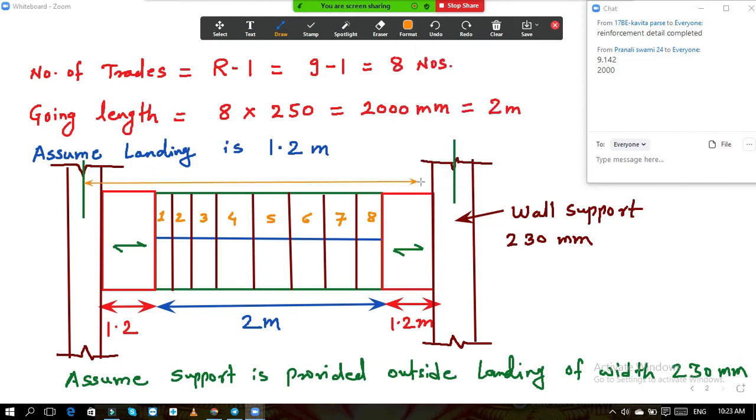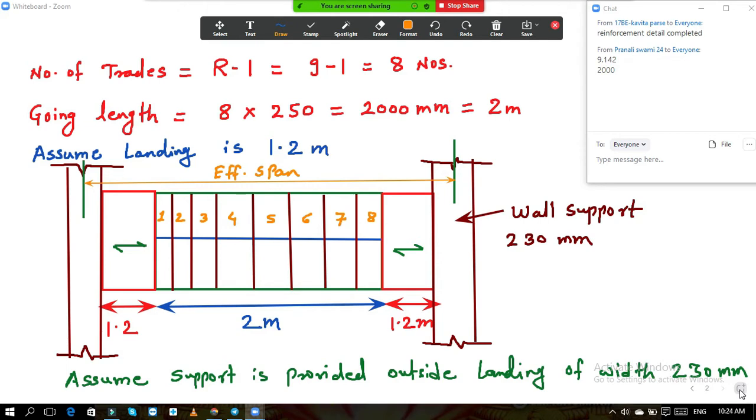This is our effective span. Now I hope you are clear with this. Why have we taken center to center of support? Because your landing is spanning in the direction of the stairs. Okay. So is it clear up to this point? Now we will move to the next thing.